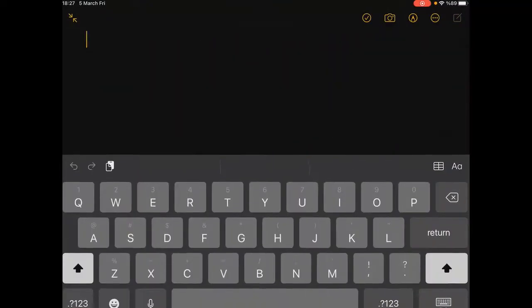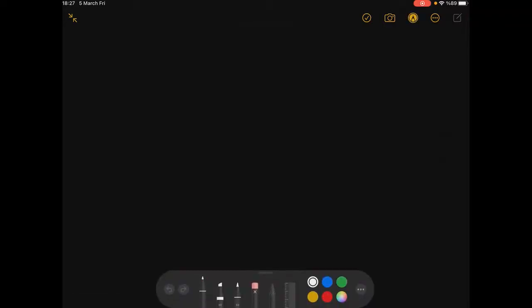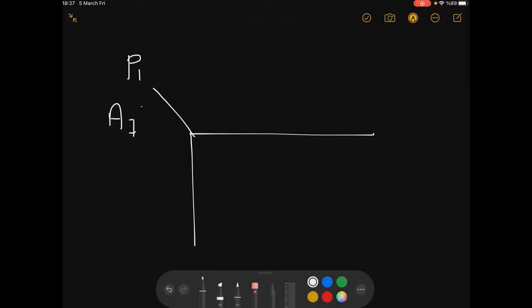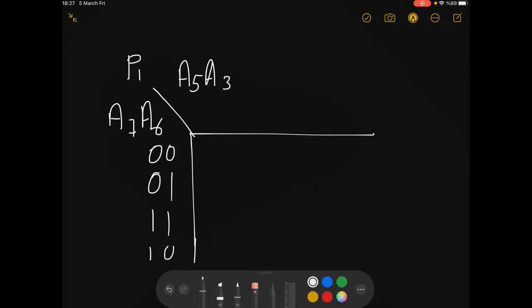Another one. Suppose that we're doing this for the P1 output, for example. What you have here will look like this: A7, A6, A5 and A3. Please do it on your own as well, and it would be nice practice for you.